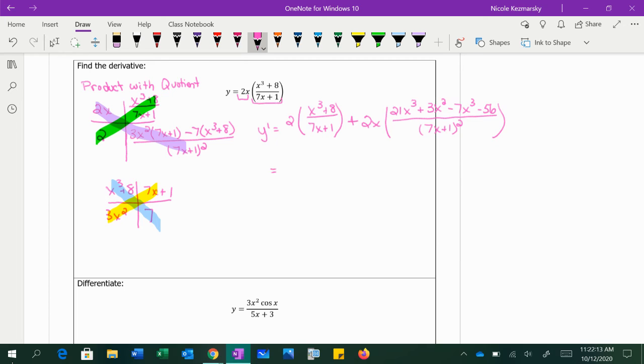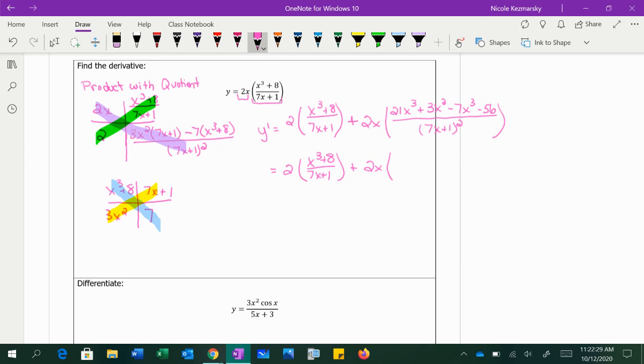We could factor out a 2, for example, but I could just leave this as 2 times x cubed plus 8 over 7x plus 1. And then there's my 2x.